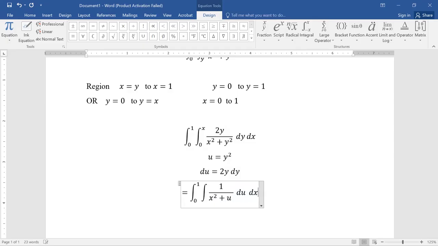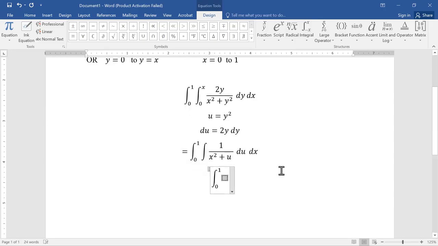When I integrate that, that's going to become natural log of x squared plus u. And then I would divide by the derivative of the inside function, but with respect to u, the derivative is just 1. So just natural log of x squared plus u.